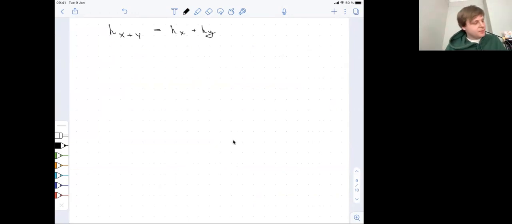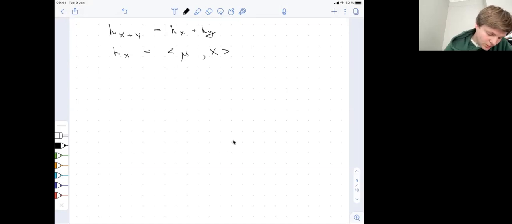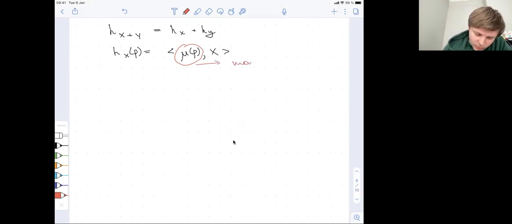And it means that actually this h of X may be defined as the pairing of X with something at each point of our manifold, and this something, or better say, the dual to the Hamiltonian of the vector field in the Lie algebra, is called the moment map.